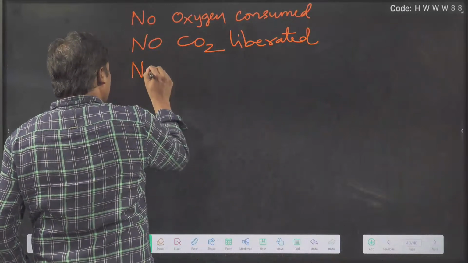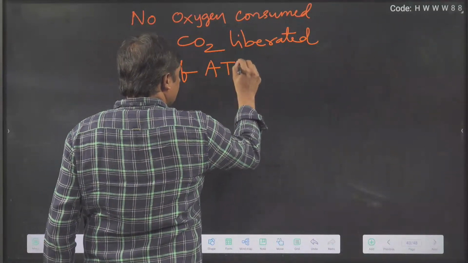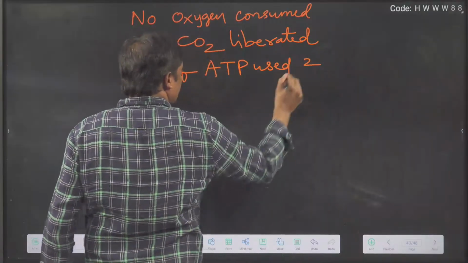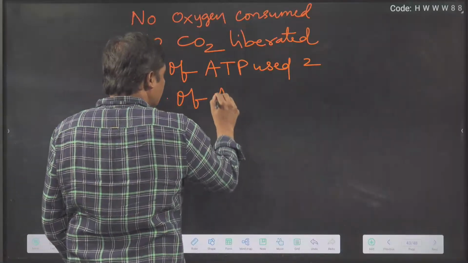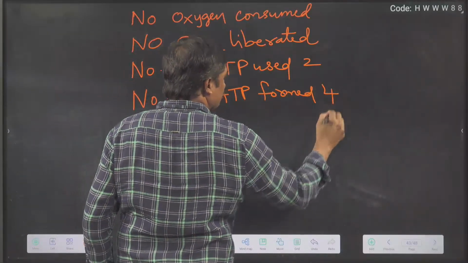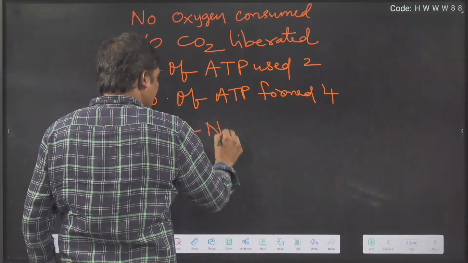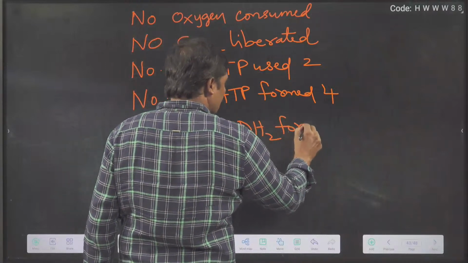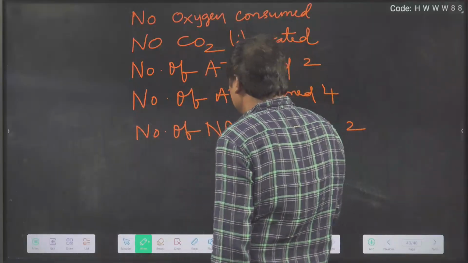Right. Next. Number of ATP used, 2. Number of ATP formed, 4. Number of NADH formed, 2. These are very, very important.